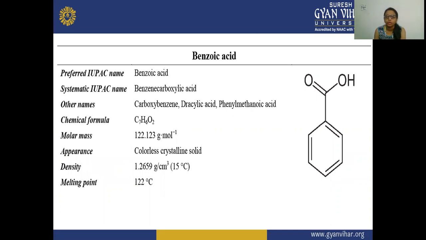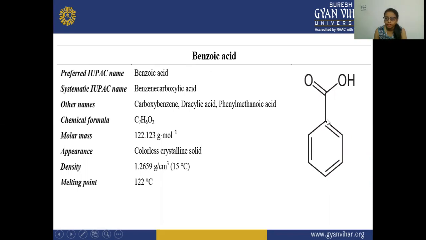Firstly, what is benzoic acid? As you can see in the structure, it has an aromatic ring, that is a benzene ring, with a COOH functional group. When the COOH functional group is bonded with the benzene ring, it is the benzoic acid molecule or compound.